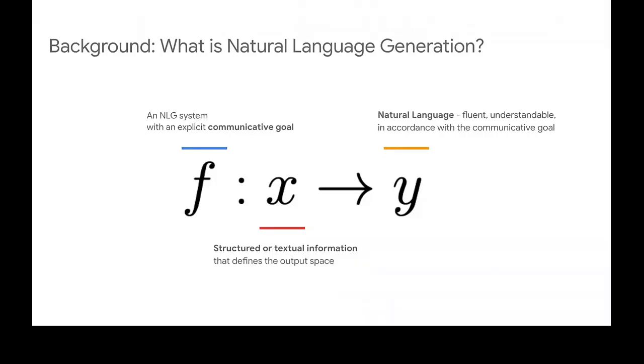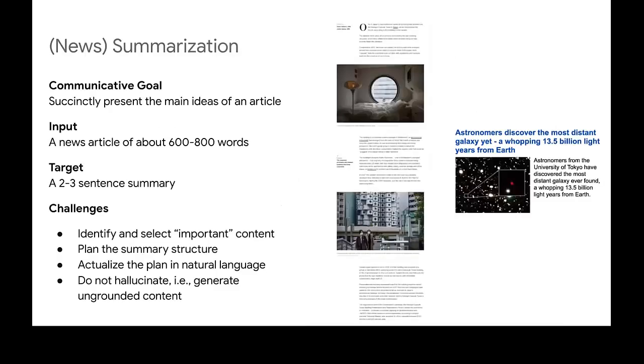To be a little bit more precise and give you an example, let's have a look at one or two different NLG tasks. The first one, which is probably the most popular at the moment, is news summarization. Here, the input could be a news article of about 600 to 800 words, and the target a 2 to 3 sentence summary that presents the main ideas.